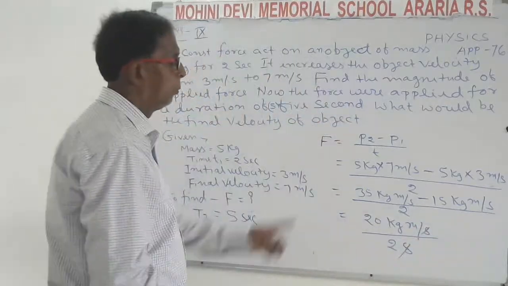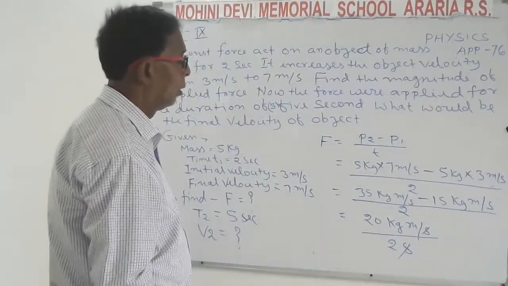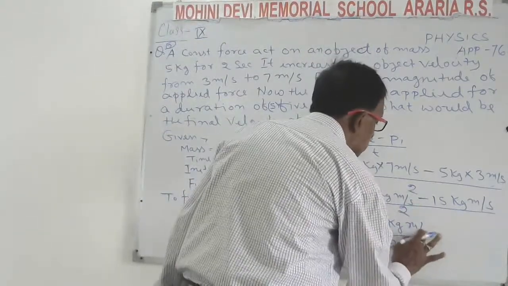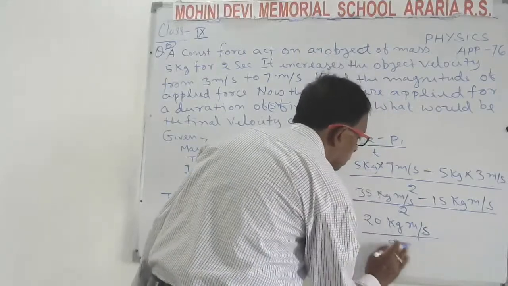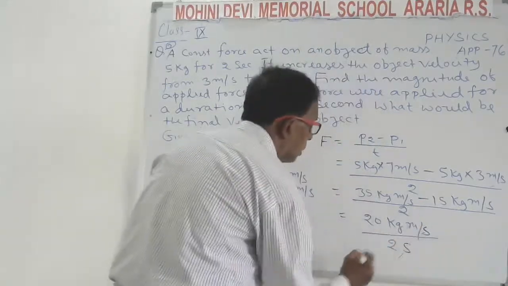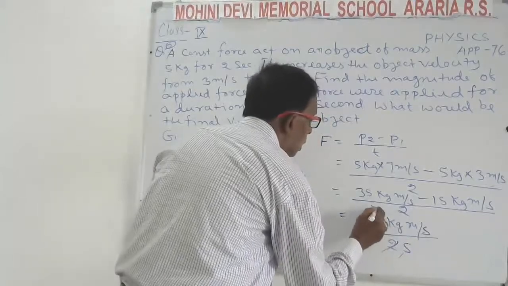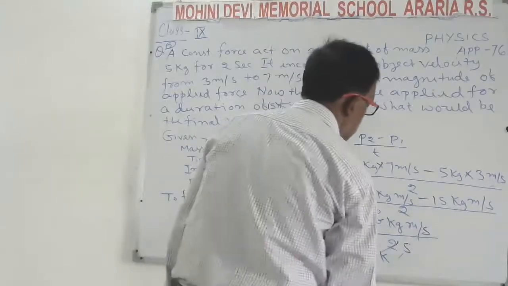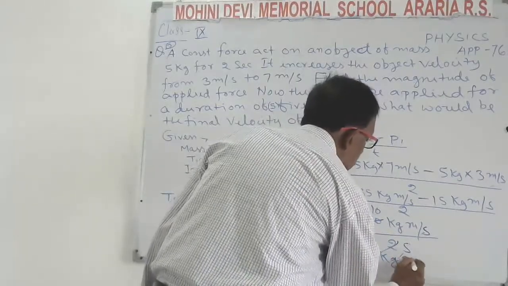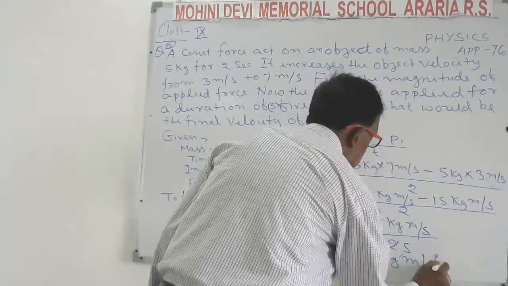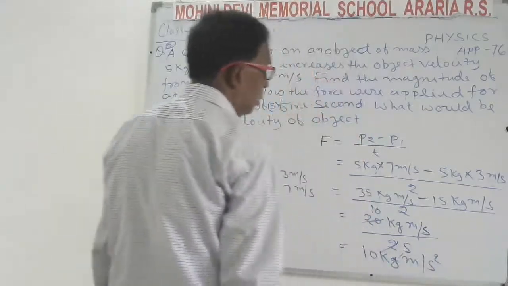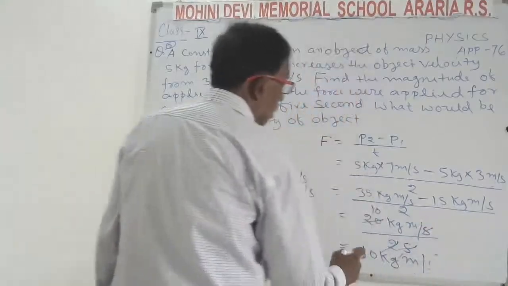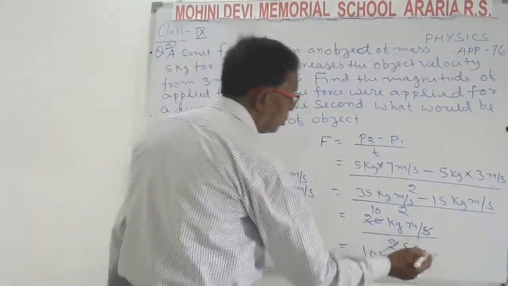That gives 10 kg meter per second squared, and kg meter per second squared is equal to Newton.